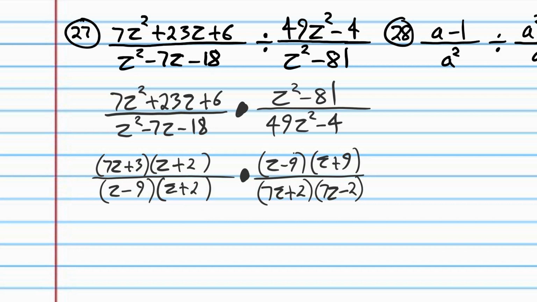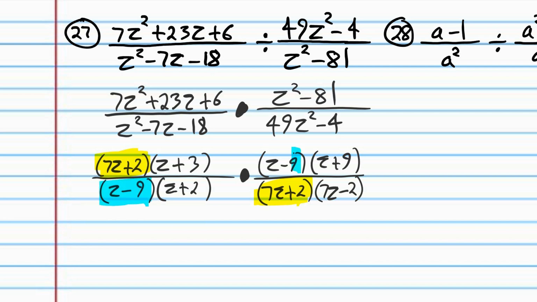And that doesn't work. O is 14z and I is 3z, so that would add up to 17z. So I'm going to try switching those numbers. I'm going to try putting the 3 here and the 2 here. And then the O is 21z and the I is 2z. Add those up, you get 23z, and it looks like that's correct. So now we just have to cancel out common factors. And what else do we have here?